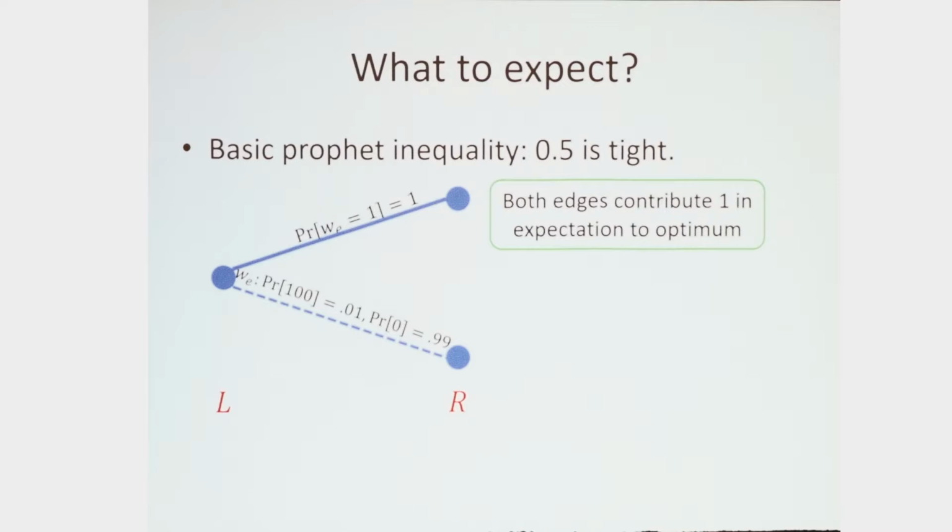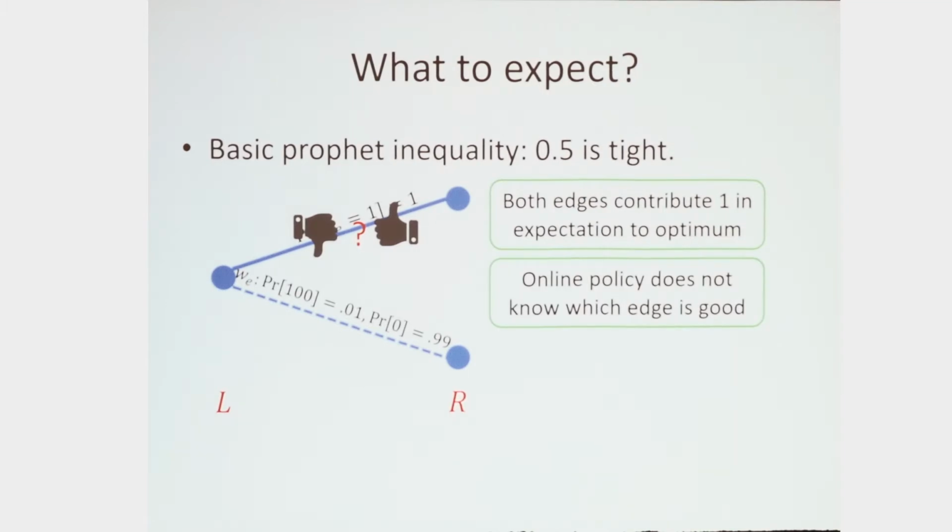But for the online algorithm, the problem is that if we see the deterministic edge first, we cannot really decide what to do properly because we don't know whether we're going to get a reward in the future or not. So whatever choice it makes, the algorithm is just going to get 1 edge. Either it discards this first one or it gets the deterministic 1 and misses the opportunity in the future. So the online algorithm doesn't get more than 1, so that's how we get factor 2.